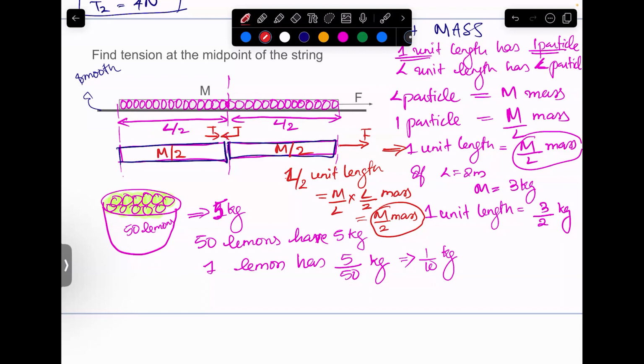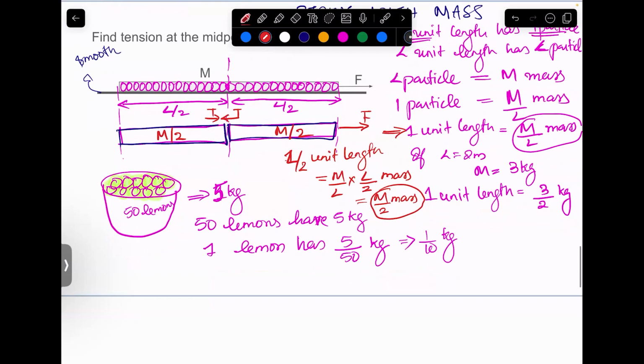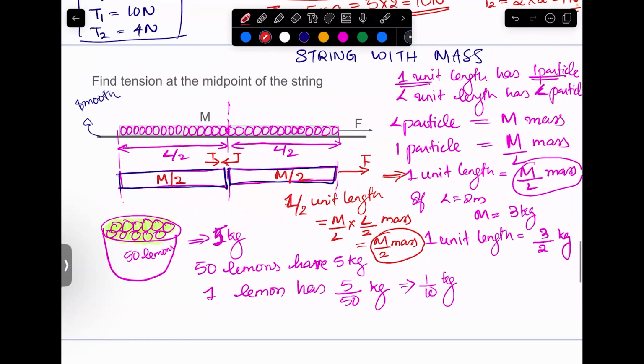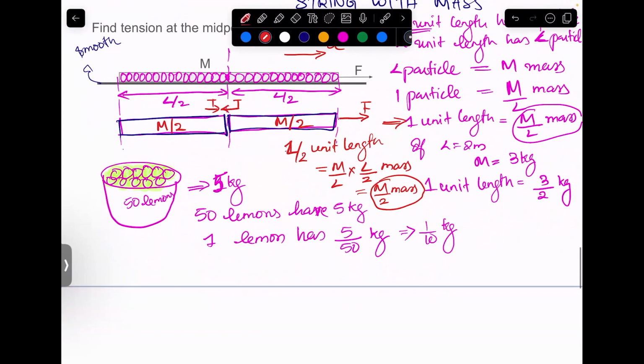And that's it. Now, if you want to find T, what will you do? You will equate and find it, right? So this pulling will cause an acceleration A here, and you need to find the acceleration and the tension of the midpoint string.